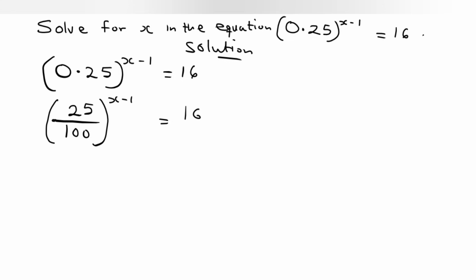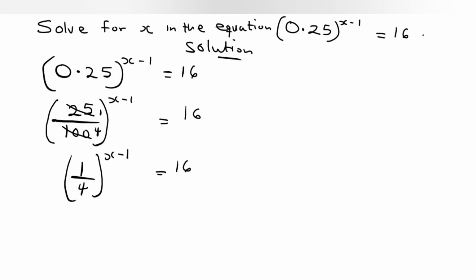Now the next thing is to reduce this fraction to its lowest term. 25 goes in 25 one time, and 25 goes in 100 4 times. So I am left with 1 over 4, then everything raised to power x minus 1 equal to 16.